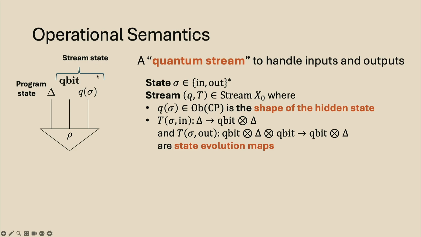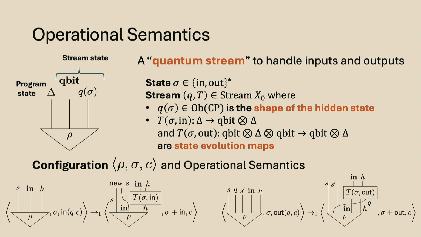So your global state, when running the program, will look like this: you have some side that is the program state, and this bit that is the stream state. And the invariant that we're keeping here is that the stream state always has an input to give, essentially.